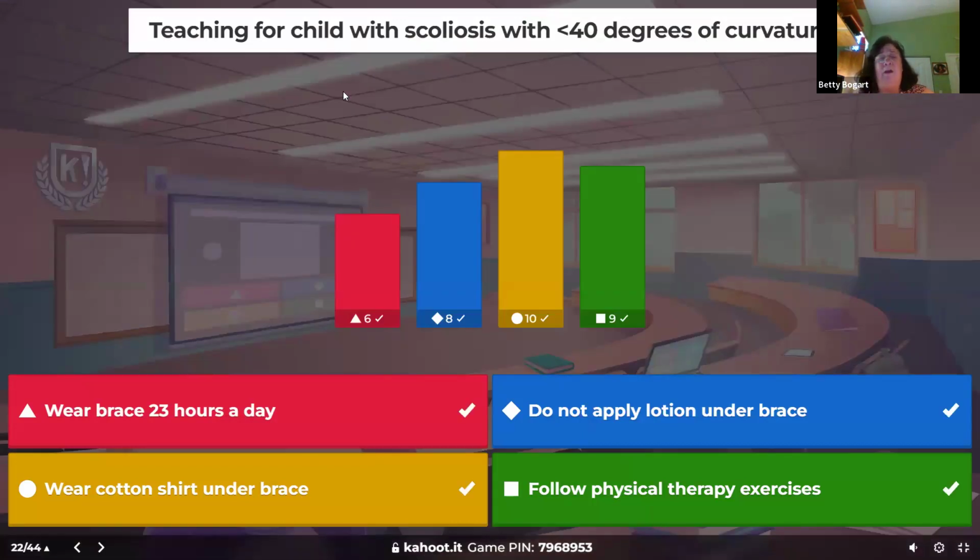You're going to wear it 23 hours a day. You take it off to bathe. Underneath should be a cotton shirt, whether it's a t-shirt or whichever they're comfortable in. Never put lotion underneath there because it can get moist and create problems. And then physical therapy, so very important that they keep their muscle strength so they keep their spine from going back to that S-shaped curve.